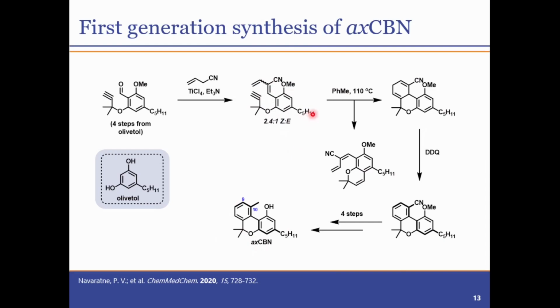So you have to commit the entire mixture to the next step, this heating in toluene at 110 degrees. That's why you're limited here, because whether or not you have it as a mixture, you can still only isolate a smaller percentage of your desired product. But fortunately, once you do heat them, they separate into products that are very separable.